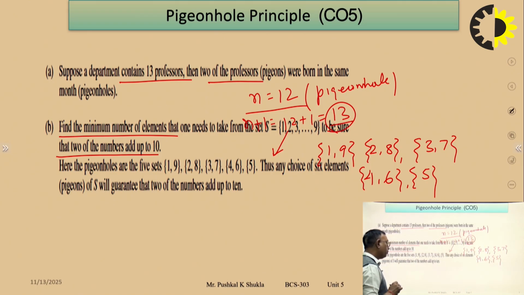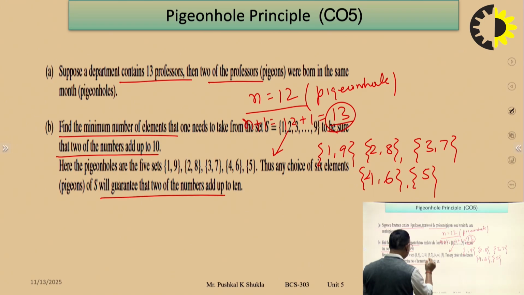So there are 5 pigeonholes, thus any choice of 6 elements, since one more pigeon is required than the pigeonholes. So 5 pigeonholes, n plus 1, that is 6. Any choice of 6 elements, or pigeons, guarantees that two of the numbers add up to 10.